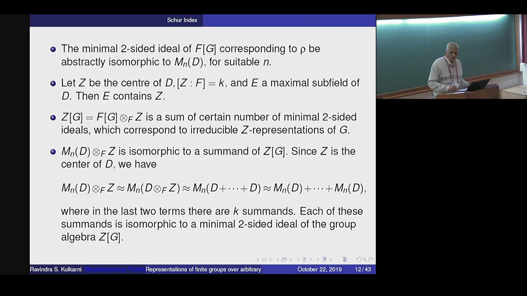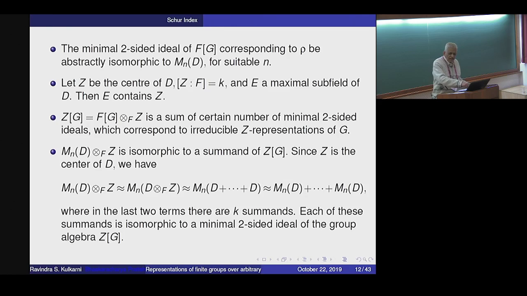And now you see what is happening to the whole ideal. M_n(D) tensor Z over F is, of course, a summand of the group algebra of G over Z. Since Z is the center of D, we have these isomorphisms. M_n(D) tensor Z over F is naturally isomorphic to M_n(D tensor Z over F).